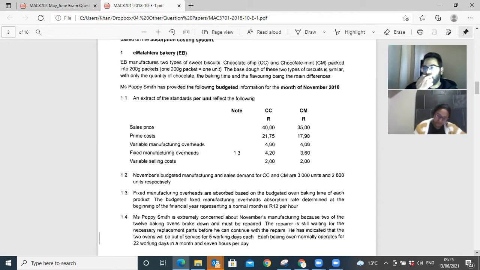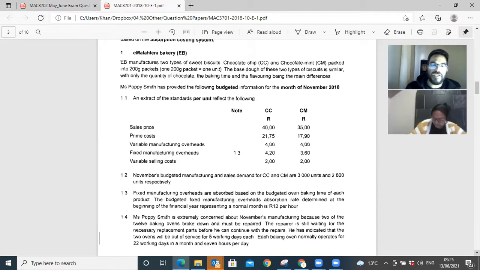Okay, so what you must know, prime cost is direct material and direct labor. Okay, take a note for yourself. They could give you another term called conversion costs. Conversion costs is equal to direct labor plus overheads. Okay, so prime cost is equal to direct material plus direct labor, whereas conversion cost is equal to direct labor plus manufacturing overheads, whichever is applicable.